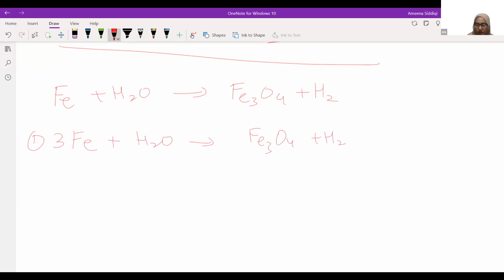Okay, beta. Now what do we see? H2 is the same. Hydrogen is the same. Oxygen is 4 here. Here, 1. And how many? So we add 4.